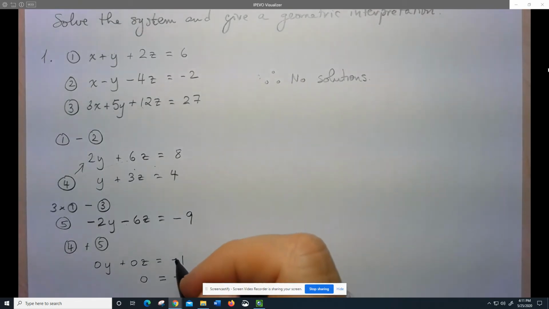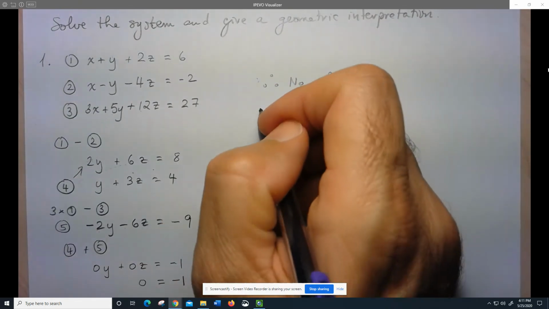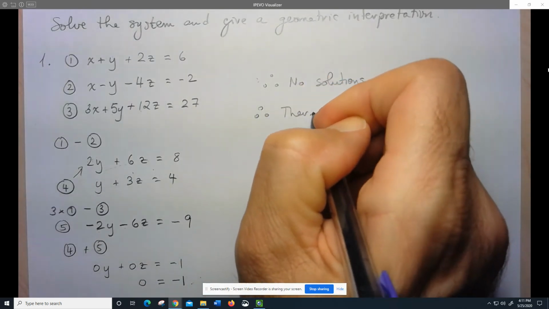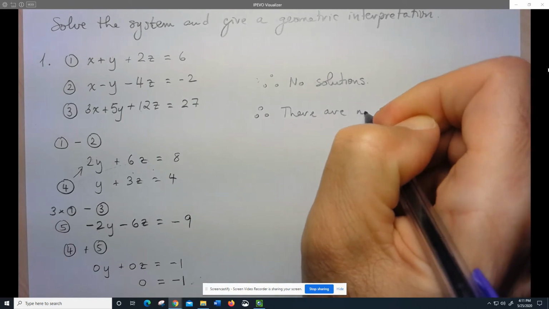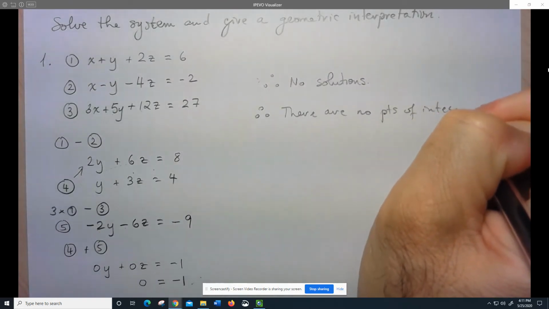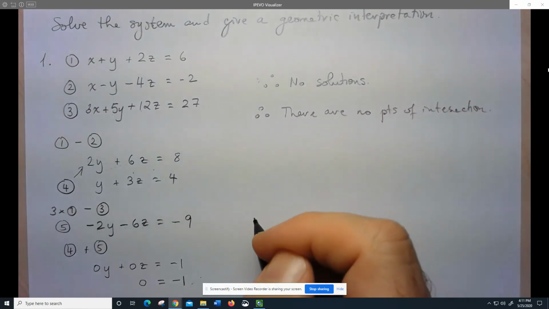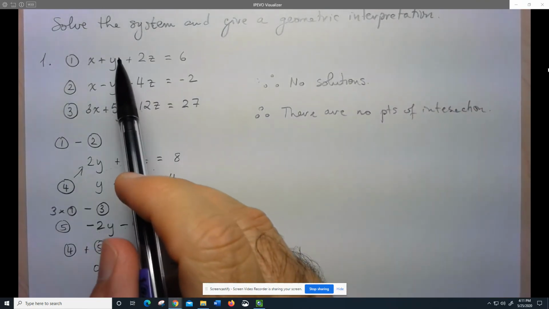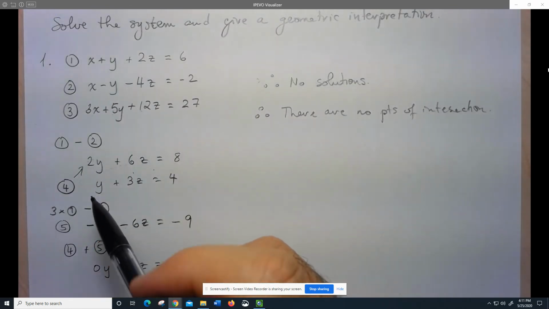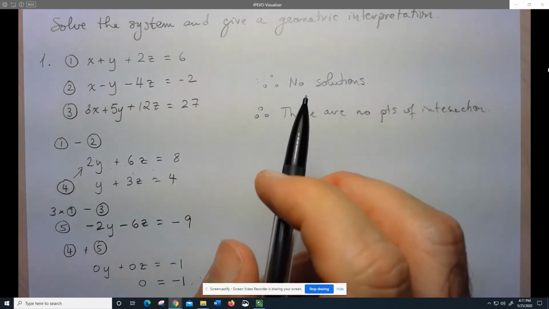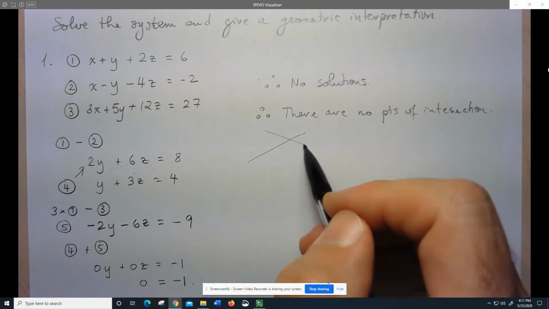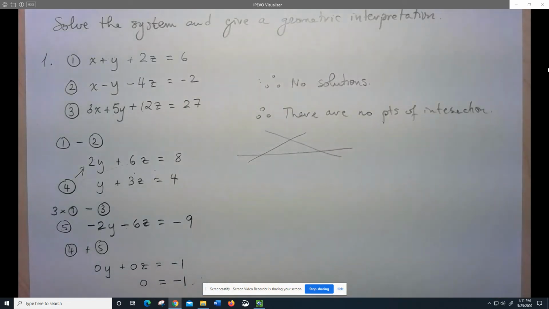Now, what is the geometric interpretation? Well, there are no points of intersection, but we can go further than that. Because we know that none of the planes are parallel to each other, there's only one scenario where there's no intersection and the planes are not parallel, and that's the scenario of the triangular prism.